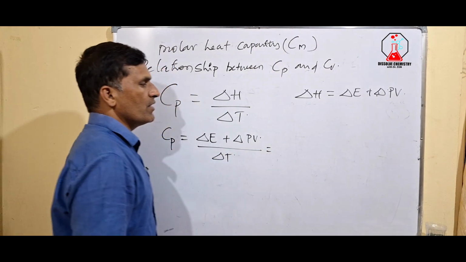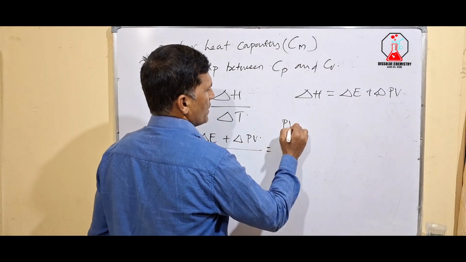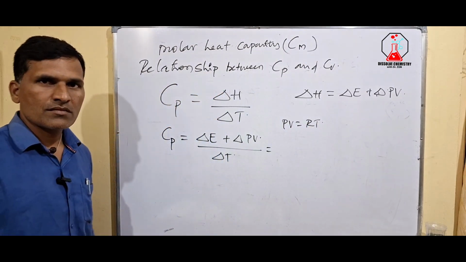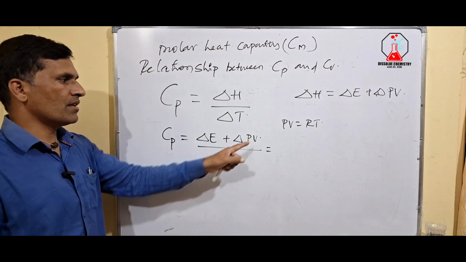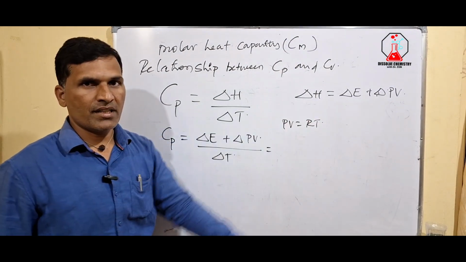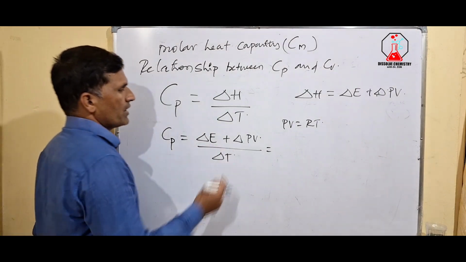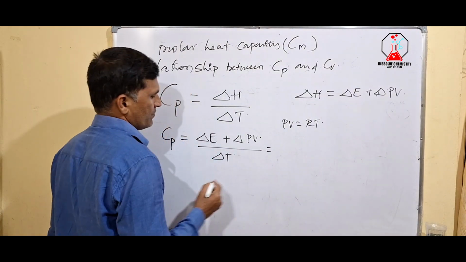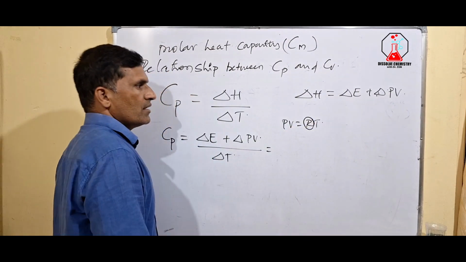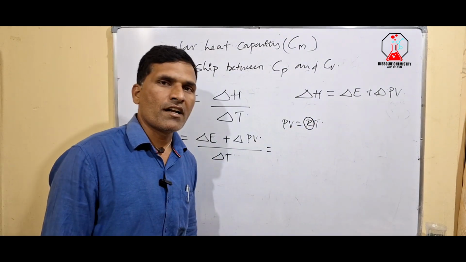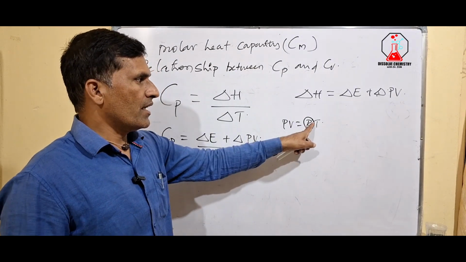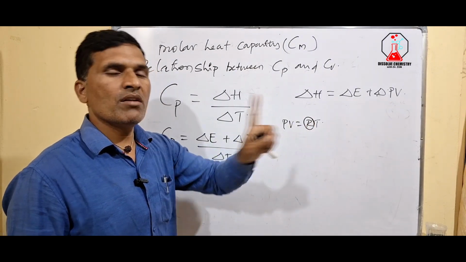We know that PV is equal to RT for one mole of gas, so we can substitute in terms of change in temperature. R is the amount of work done per degree rise in temperature by 1 mole of the gas.